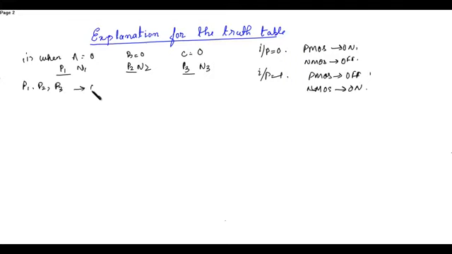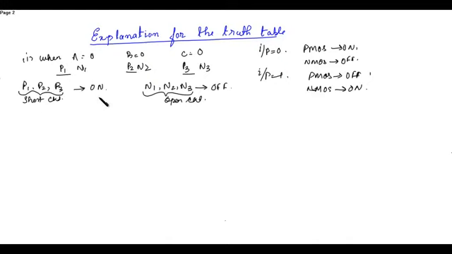N1, N2 and N3, they turn off. When P1, P2 and P3 turn on, then it gets short circuited. When N1, N2, N3 turn off, then they get open circuited.